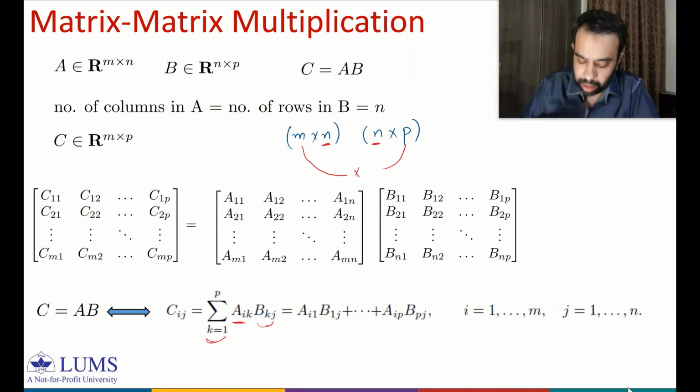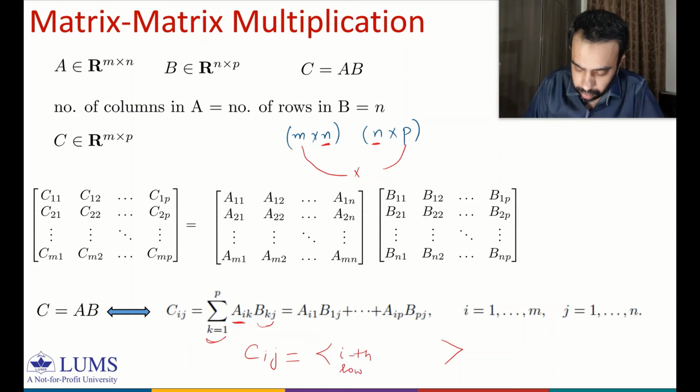Or we can simply say cij is the inner product between the ith row of A and the jth column of B.